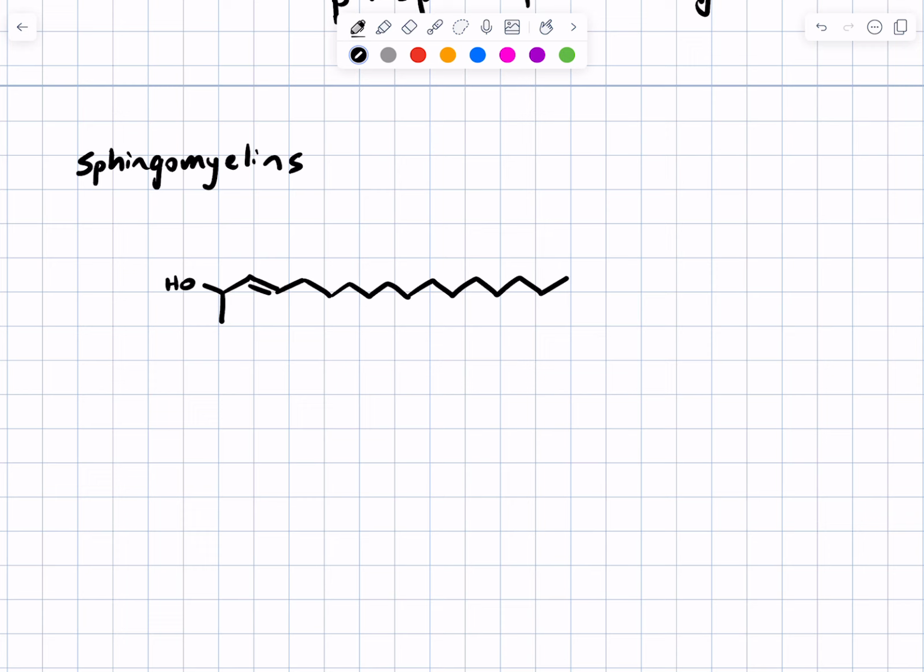Okay, just trying to make sure I get the number of carbons right. Hopefully, as I draw this, you can see the resemblance to some phospholipids.